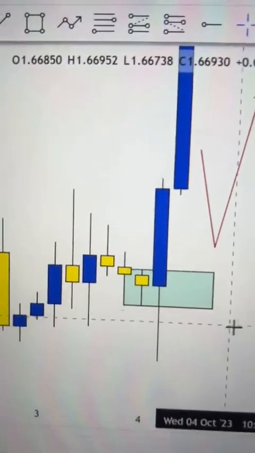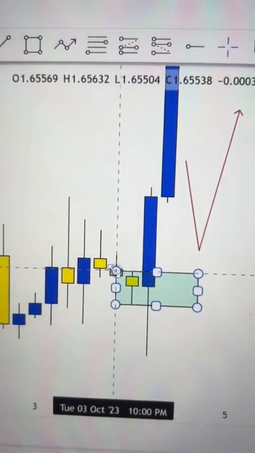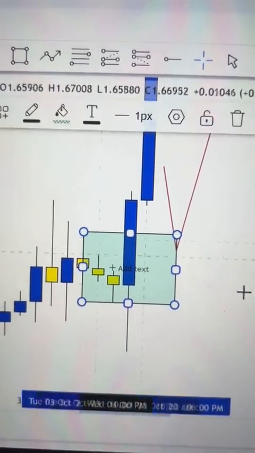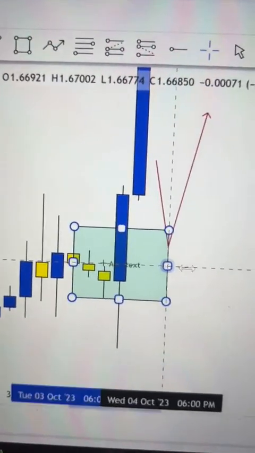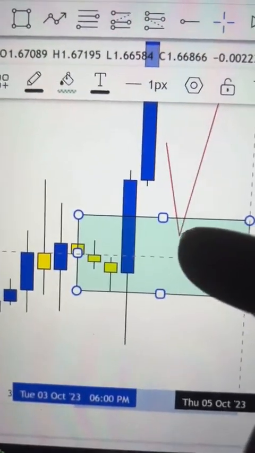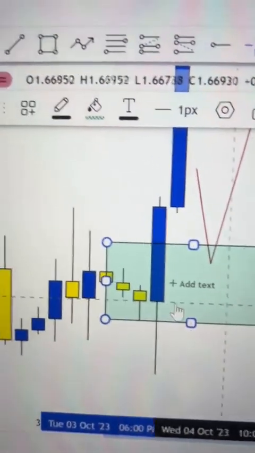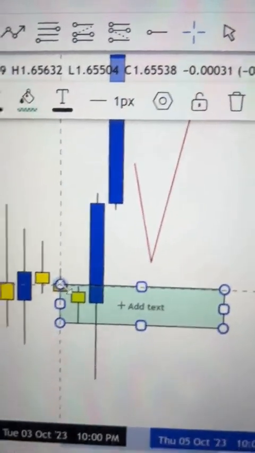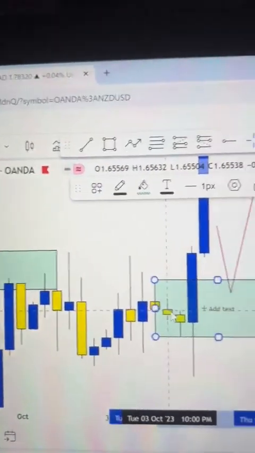Instead, we tend to have more than one candle, or probably three candles. If you have three candles, you will see that price taps your demand zone. But if you have one candle like this, you will see that you miss the trade. So your order block can be more than one candle.